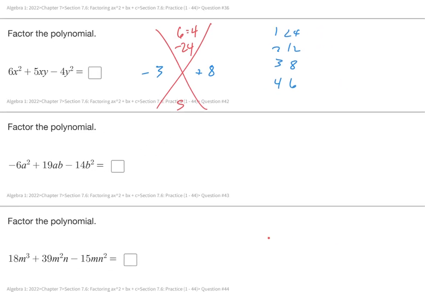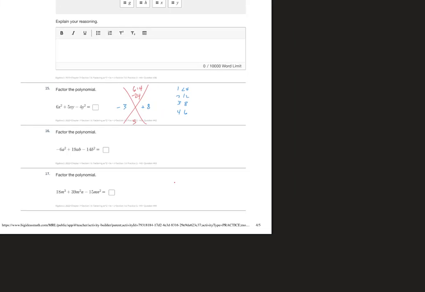So here's all that's going to happen from this. We're going to get 6x squared minus 3xy plus 8xy minus 4y squared.